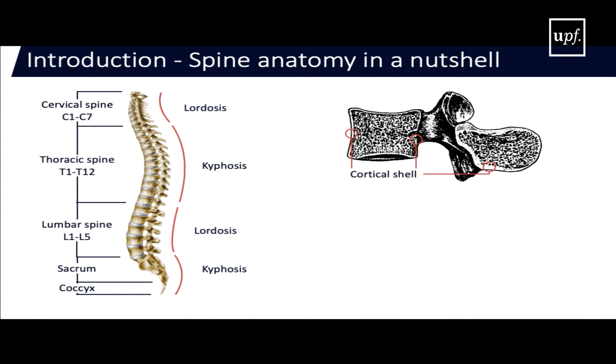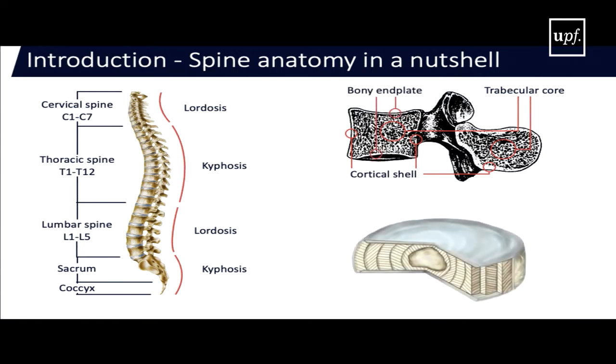You all know that there is the cortical bone and the trabecular bone inside, which is not only important from the biomechanical point of view, but also this is one place where the blood forming in the body is happening. And the end plates, the bony end plates and the cartilaginous end plates, are very important in the nutrition of the disc.